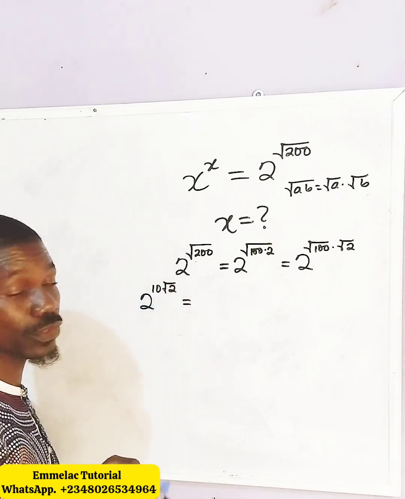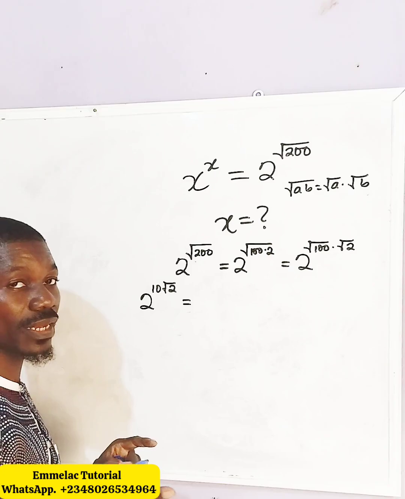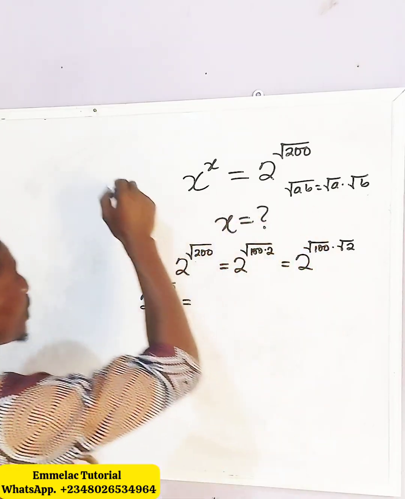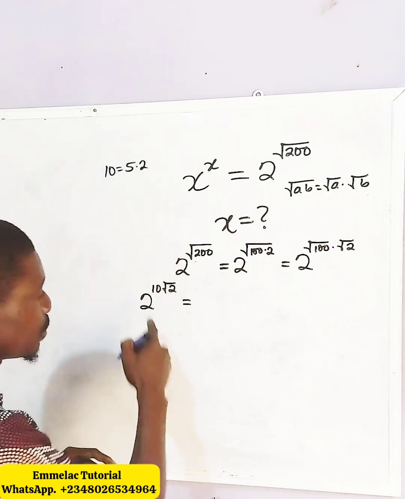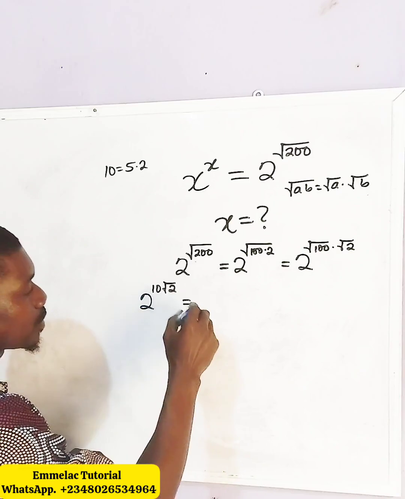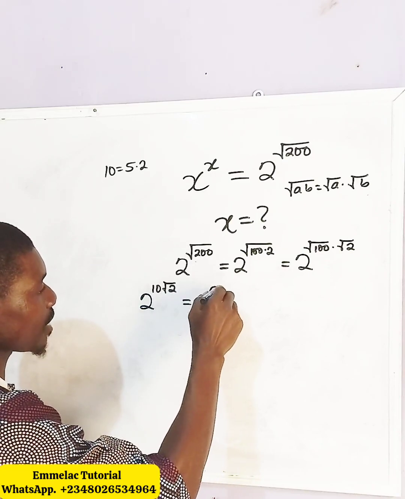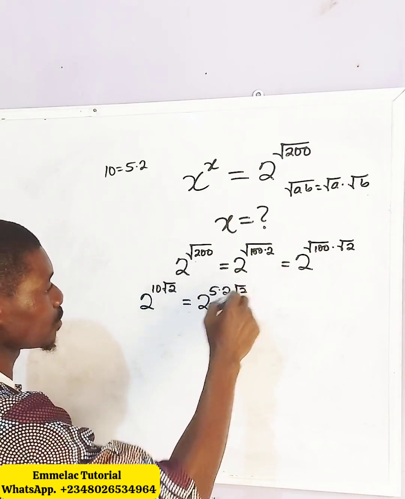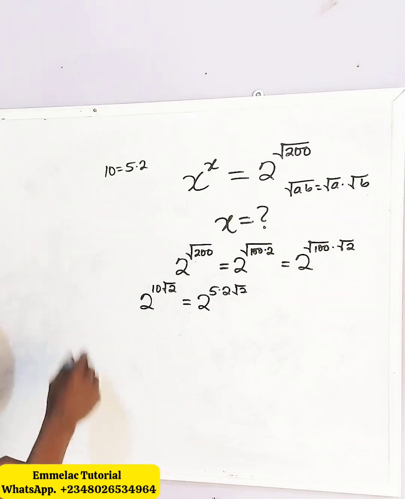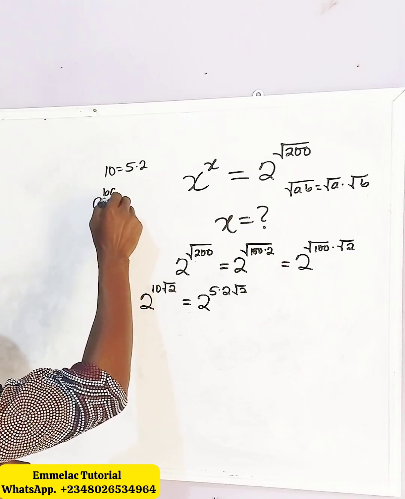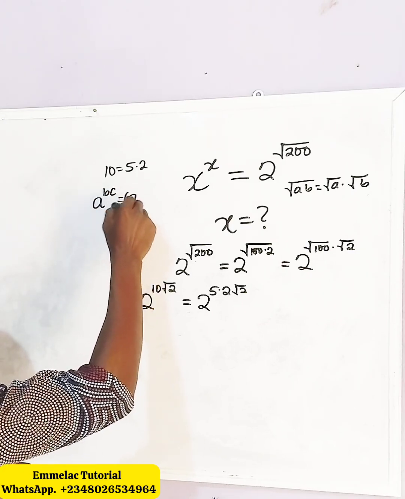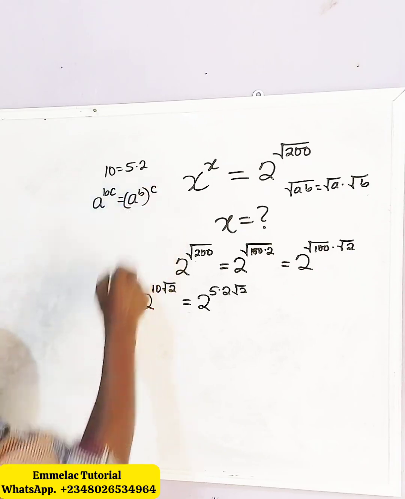And 10 can be written as 5 times 2. So we replace 10 with 5 times 2. That will be 2 raised to the power of 5 times 2 root 2. And according to the law of indices also, if you have a raised to the power of bc, this can be the same thing as saying a raised to the power of b, raised to the power of c.